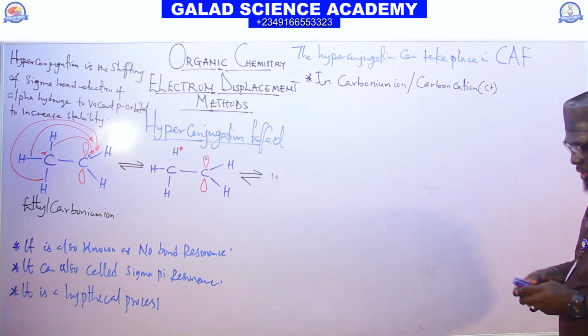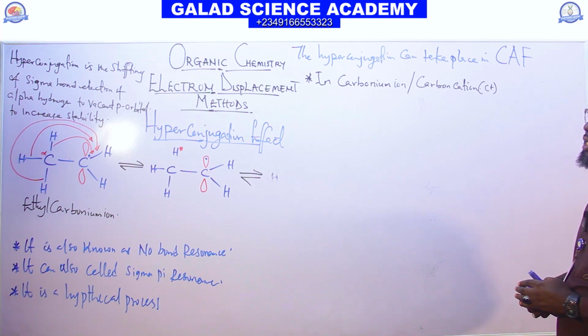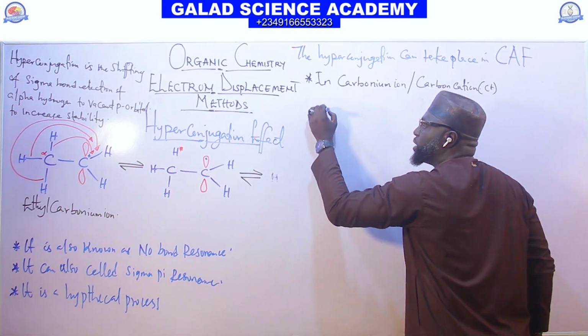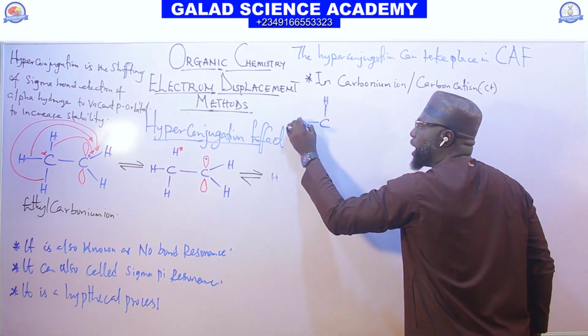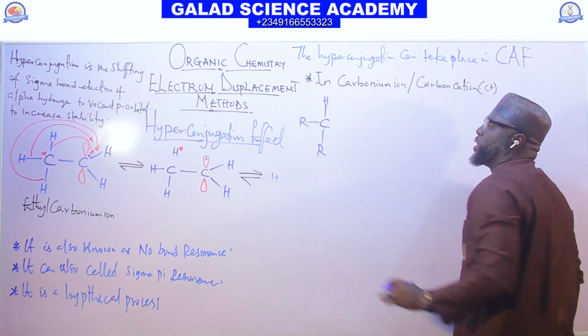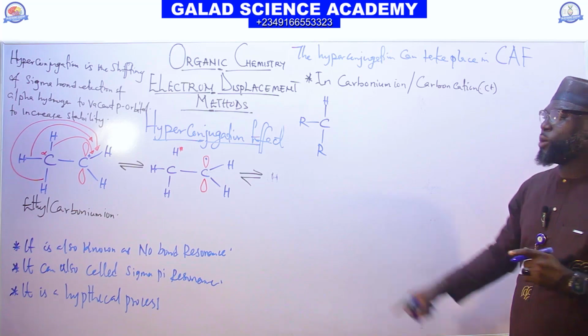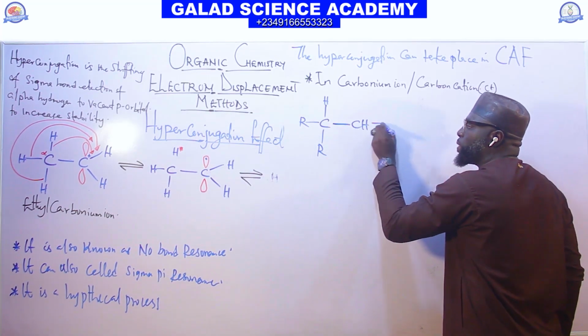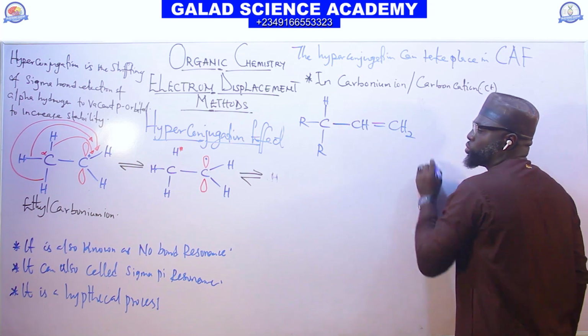Let us look at this. Let me assume that I have a carbon compound with hydrogen and an alkene group. This thing may be anything, that's why I use the alkene group. Bond with CH, double bond CH2.